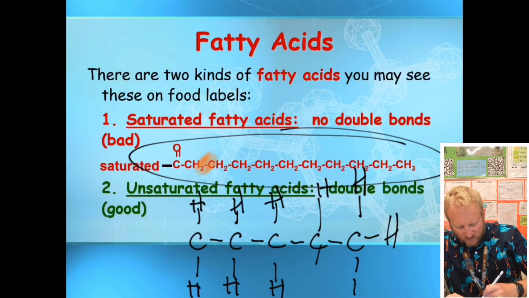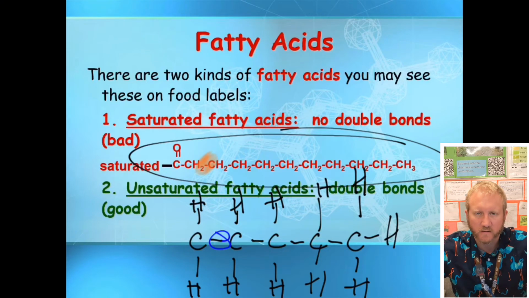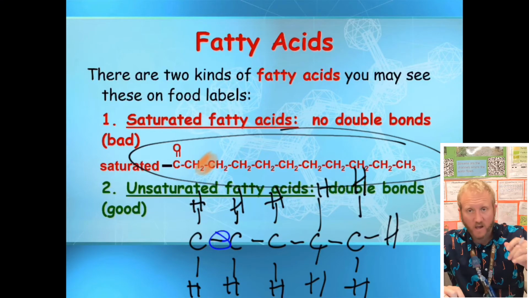I've got all these hydrogens, and these are all single bonds right there. So that is a saturated fatty acid. It's saturated with hydrogens, if you're interested in knowing. So we put all the hydrogens on there that we can.